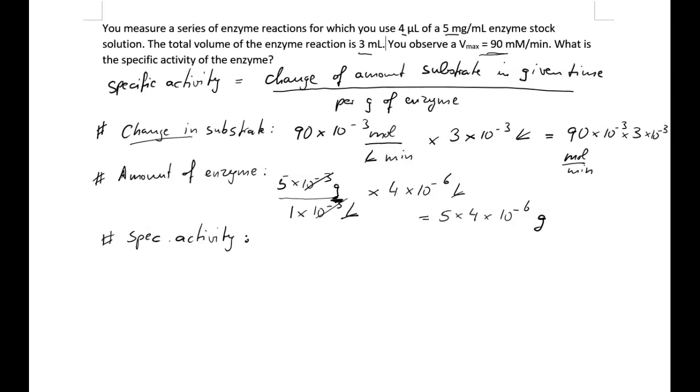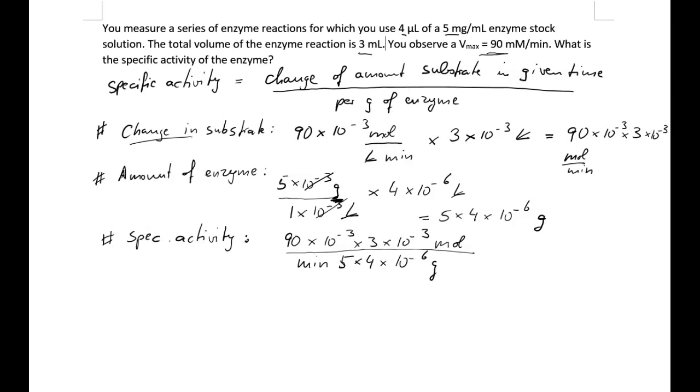We have the change in substrate, so that would be 90 times 10 to the minus 3 times 3 times 10 to the minus 3 mole, and we divide that by the minute, times 5 times 4 times 10 to the minus 6 gram.